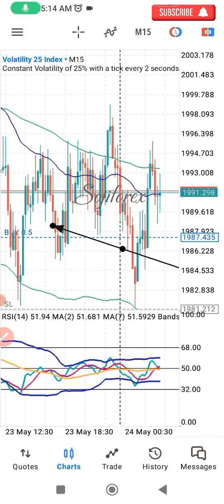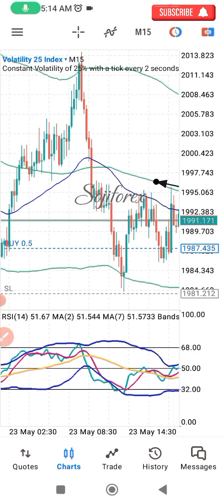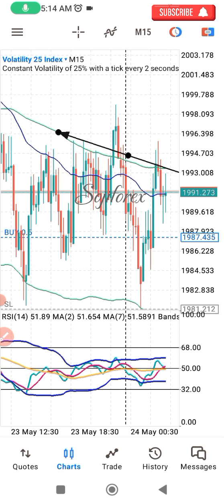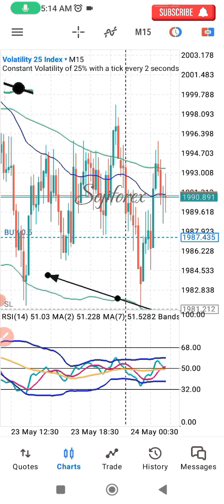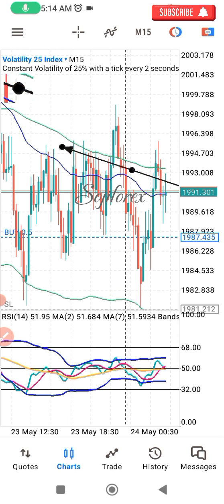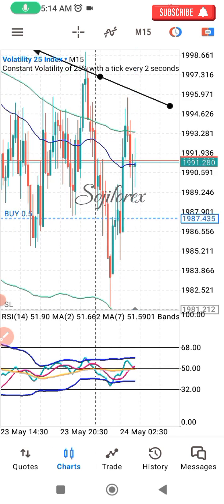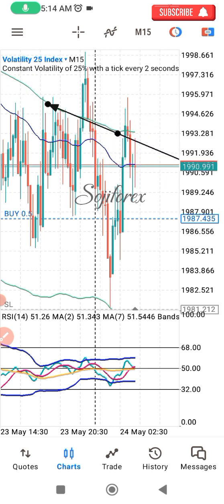we've stated that on our M15 we'll be making our entry in two ways. Whenever price is around the lower Bollinger Band, we'll be looking for a possible buy entry. When price is around the middle Bollinger Band, we are looking for a reversal of a buy or a sell.